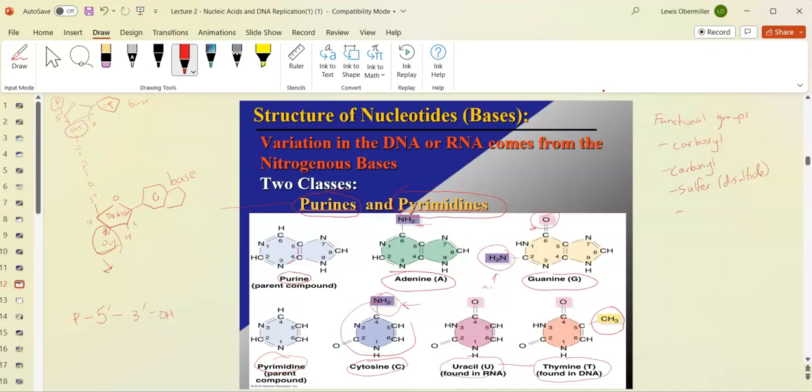You should know the difference between a ketone and an aldehyde. And this is just basic review of functional groups. And then a hydroxyl group, and then a phosphate.